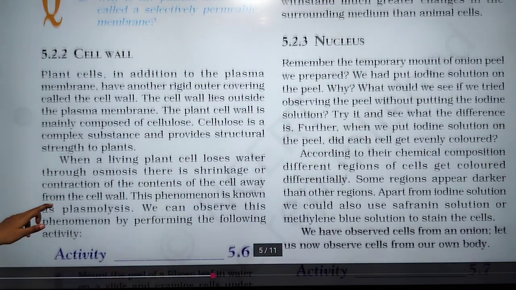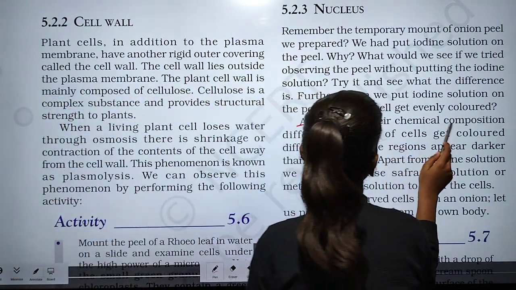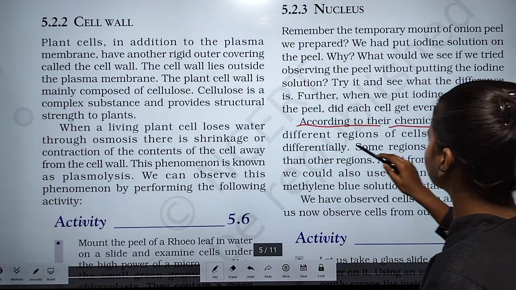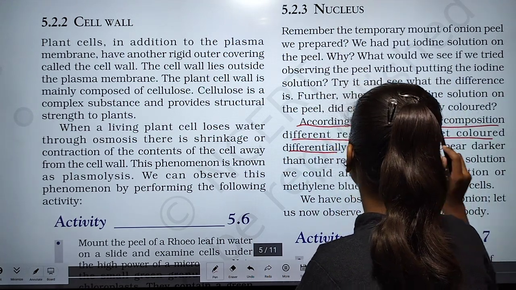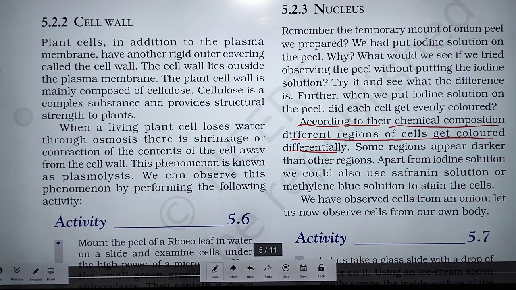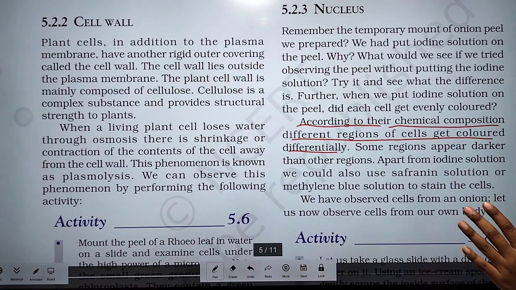According to their chemical composition, different regions of the cell get colored differently. It means when we put the peel in iodine solution, each cell of the peel gets colored according to its chemical composition.